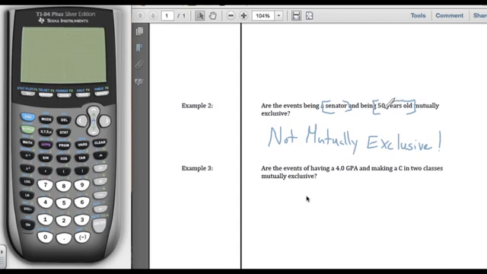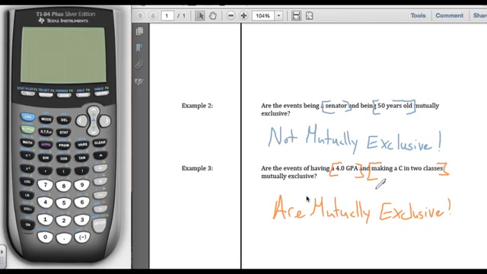Example 3, on the other hand, asks, are the events of having a 4.0 GPA and making a C in 2 of your classes mutually exclusive? These are mutually exclusive.